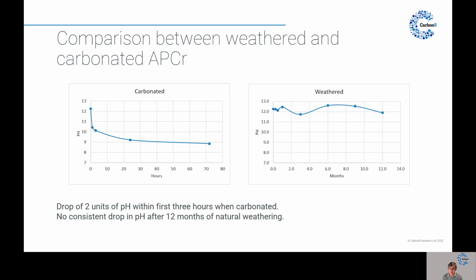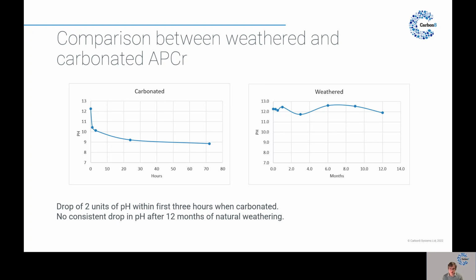Alongside incinerator bottom ashes, where it's common to leave the materials to weather, we can look very briefly at the difference between weathering and accelerated carbonation of materials such as air pollution control residues. On the left-hand side, you can see the effect of carbonation over a period of 70 hours.